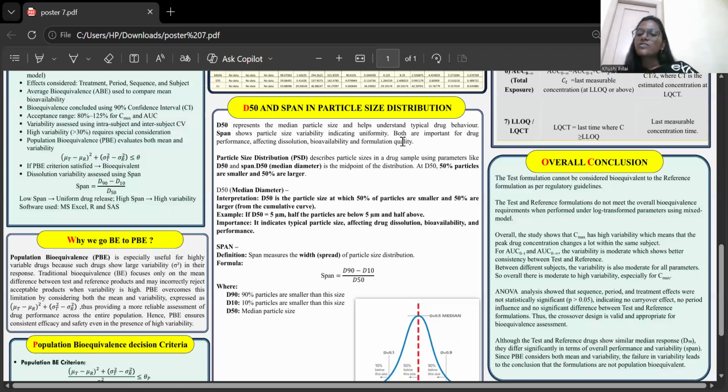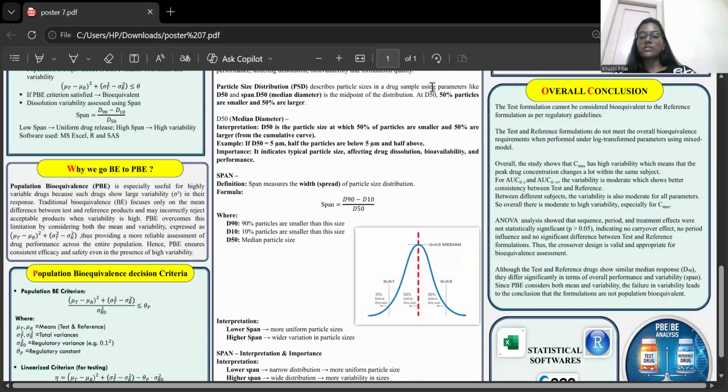ANOVA analysis shows that sequence, period, and treatment effects were not statistically significant, that is, P is greater than 0.05, indicating no carryover effect, no period influence, and no significant difference between test and reference formulation. Thus, the crossover design is valid and appropriate for bioequivalence assessment.